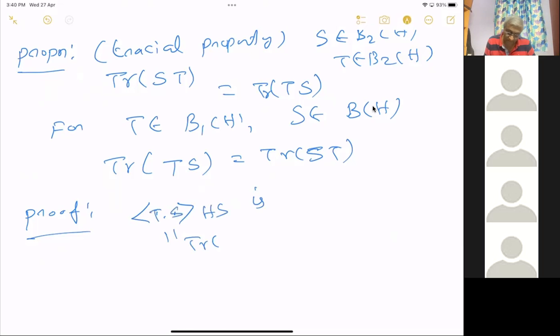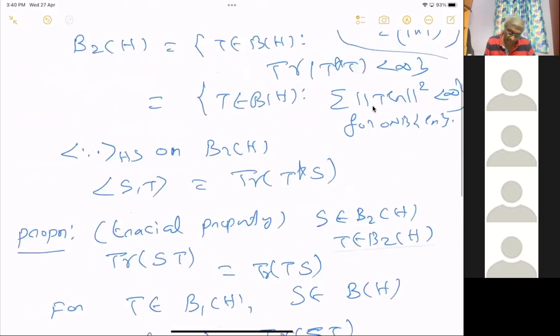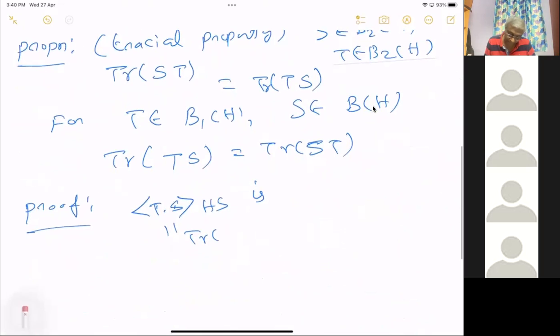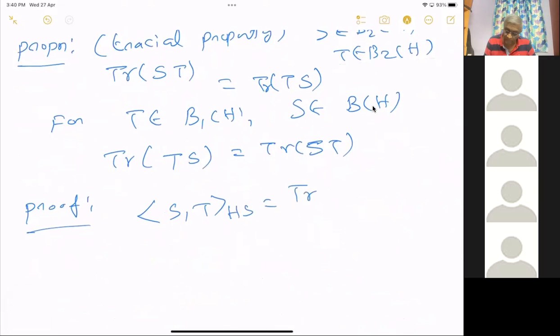TS equal to S star T. ST equal to this. So what is this? That is equal to T star S. T star S is an inner product on that.